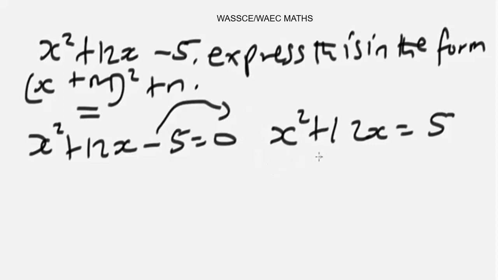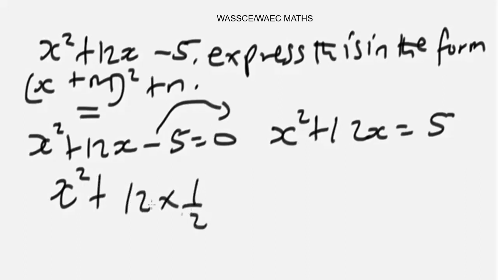Now the next thing we're going to do is to take half of the coefficient of the middle term, 12x, and square it. So basically, we're going to have x squared plus 12x plus, the coefficient of x here is 12, times half, squared.